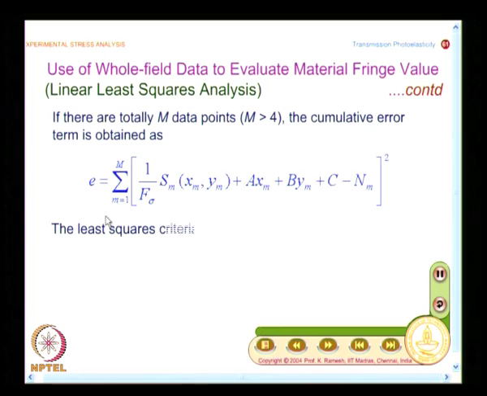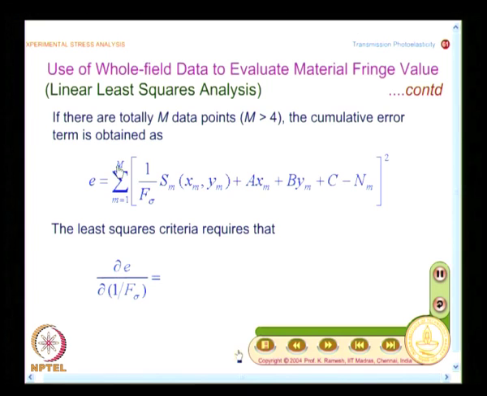So, I write the error equation, and the error equation is nothing but I have this analytical expression. What I have said is this is from your analytical expression, this is the residual birefringence we have assumed, and this is the fringe order experimentally measured at the point of interest. And what I do is I have a difference, that is why I put a minus sign, and I take a square of it.